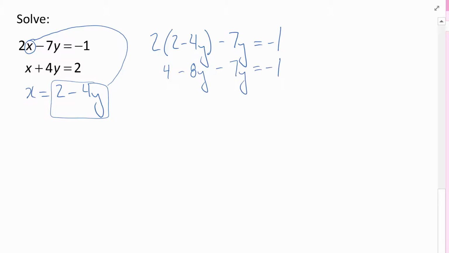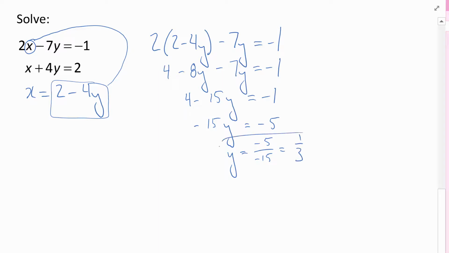This gives me 4 minus 15y equals negative 1. Isolate for y, I'm going to have to subtract 4 from both sides. This gives me negative 15y equals negative 5. Divide both sides by negative 15, I get y equals negative 5 over negative 15, which I can reduce. First of all, negative over negative is positive, and 5 over 15 is 1/3. So we've got a solution for y equal to 1/3.